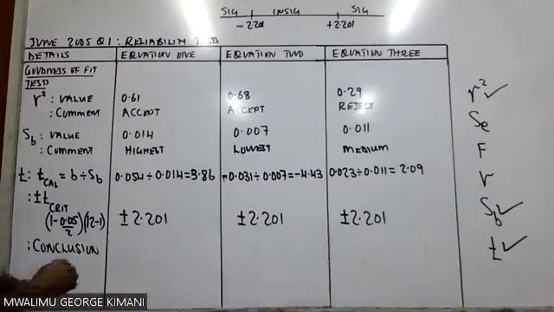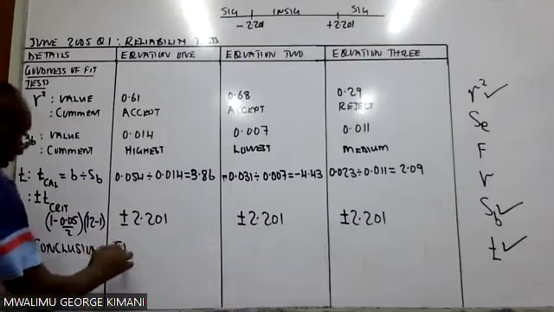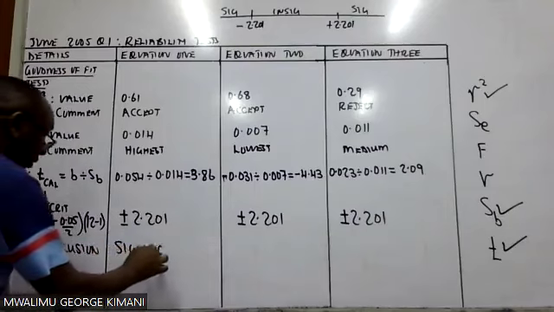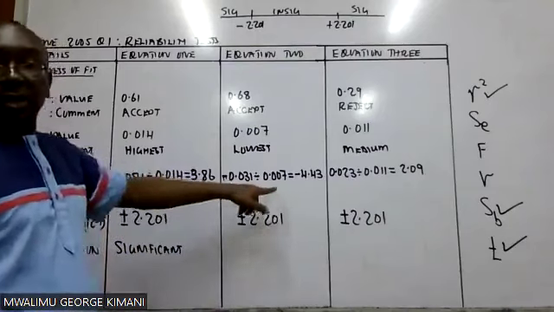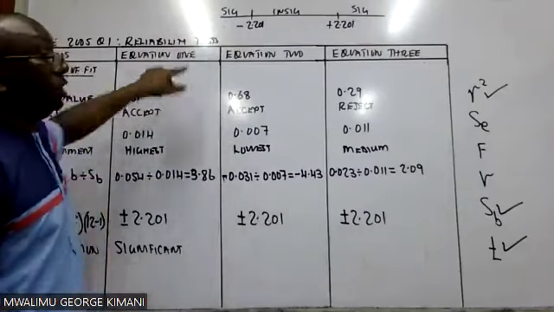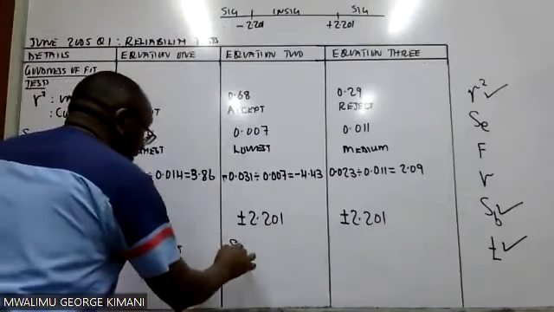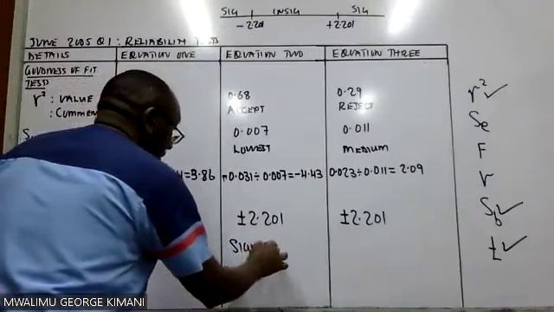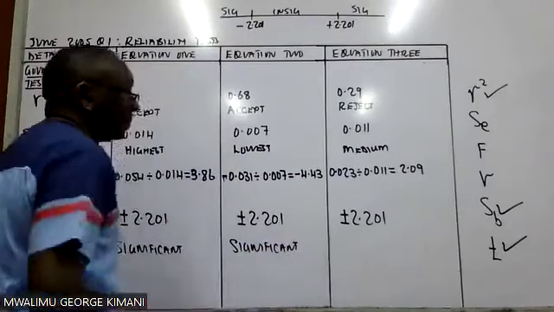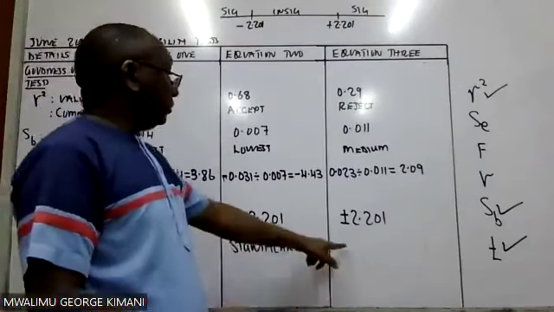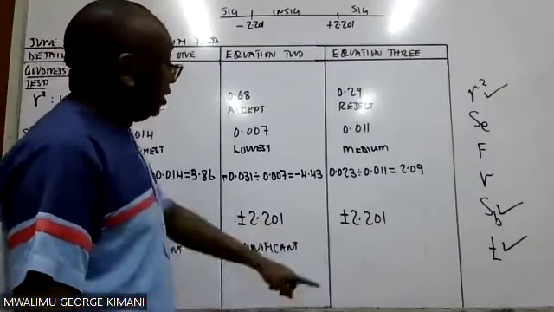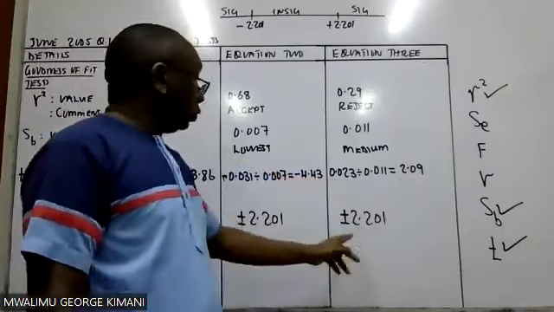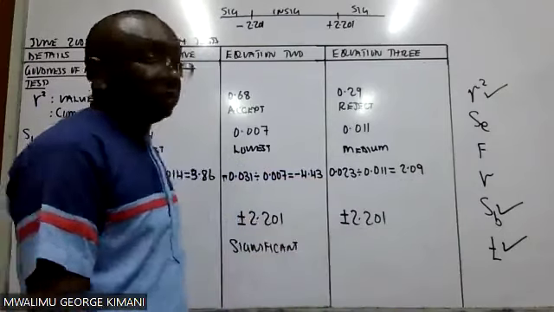The conclusion, this one is significant. This one, you can see it is on the negative side. Iko na huku chini, so it is also significant. And this one, it is within this plus minus 2.2.